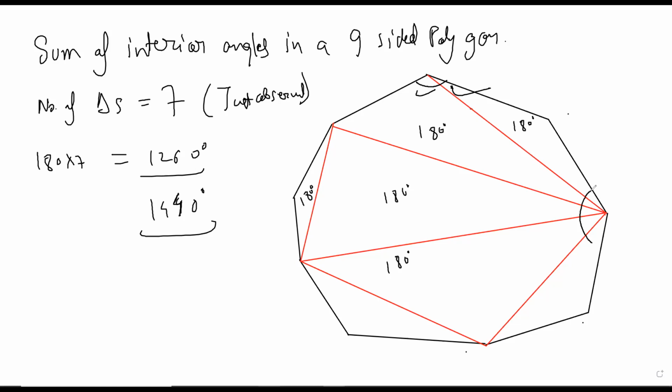And this angle's contribution will come from 4 different parts, but it will come. So finally we'll end up adding all. Remember, our goal is to add up all these angles, only these angles, so we make sure we are not adding anything extra when we divide into triangles.